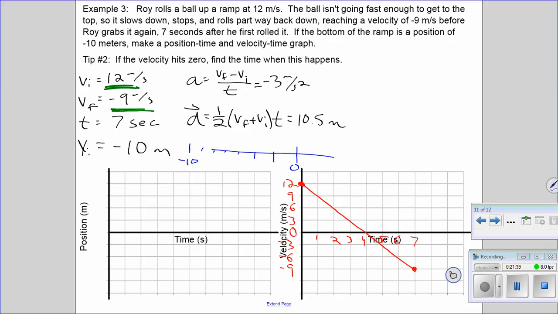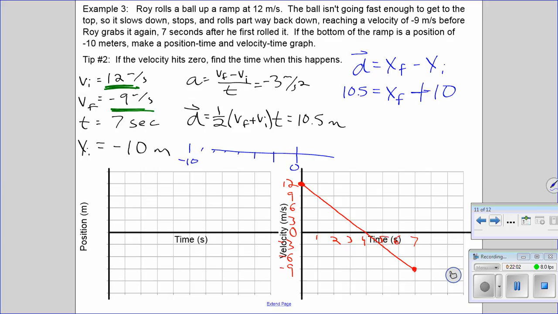Algebraically, it's this. Displacement is final position minus initial position. So our displacement is 10.5. Final position is what we're looking for. Initial position is negative 10. The minus negative actually becomes plus, right? And then to solve it, you subtract 10. Cool? Cool.